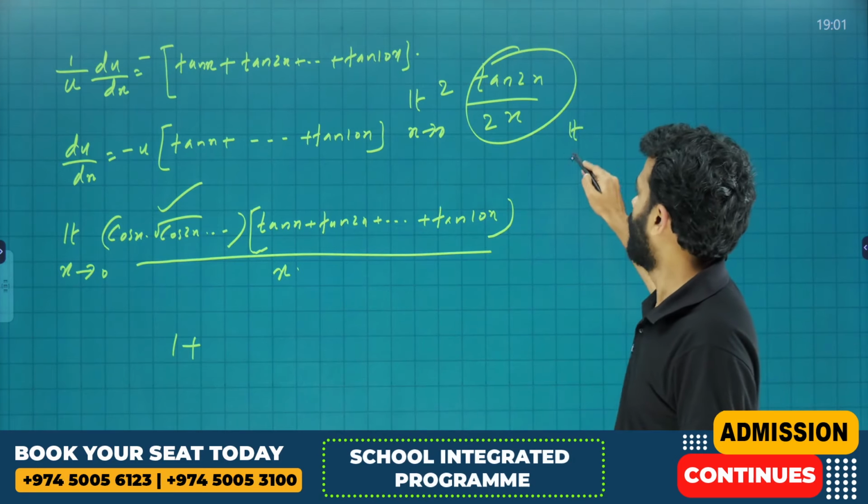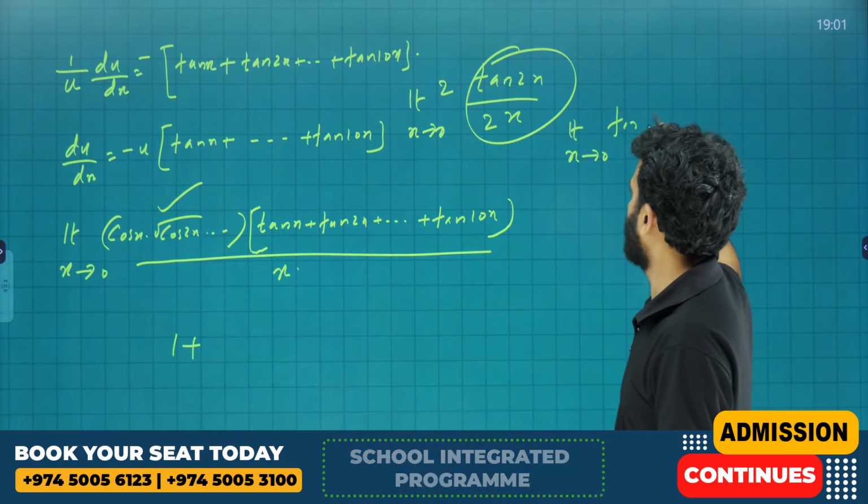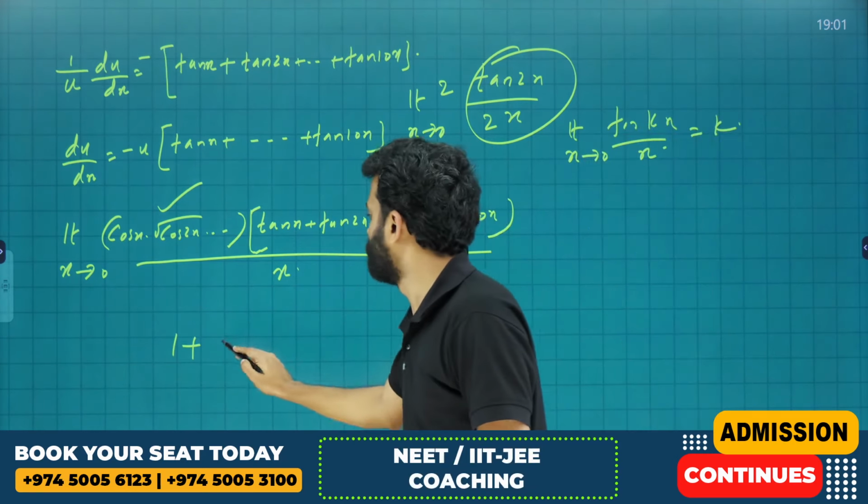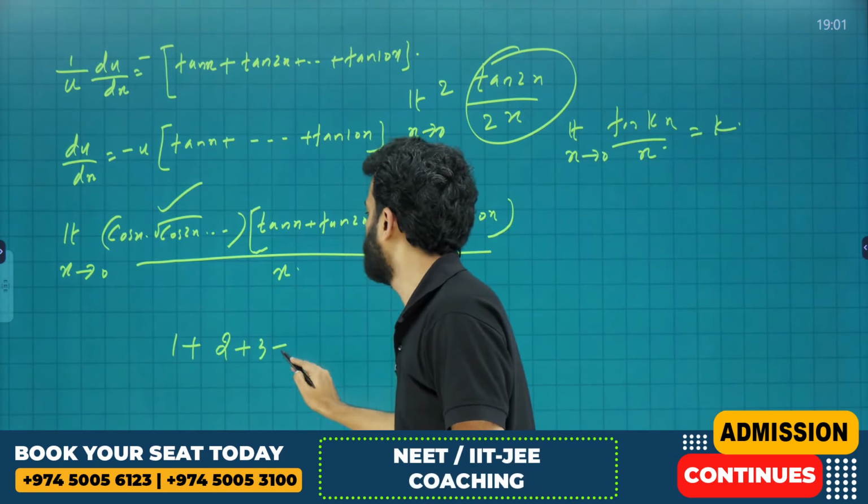Like that, limit x tends to 0, tan kx by x will be equal to k. Therefore, this becomes 1 plus 2 plus 3 plus etc. plus 10. That is the sum of the first n natural numbers, and what is our value? 10 into 11 by 2, that is 55. Okay, integer type question. Therefore, 55 is the final answer.